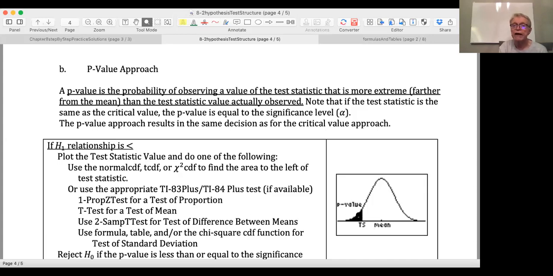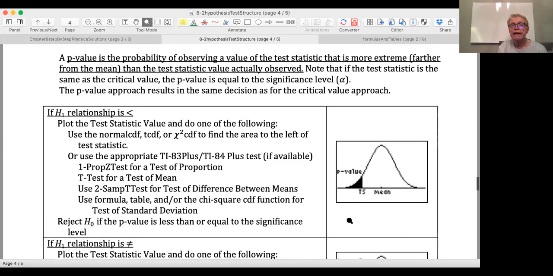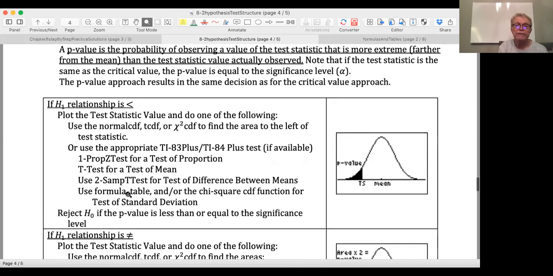Therefore, this p-value is this area that we find underneath the curve. By the way, the methods for finding p-value are listed here. You don't have to worry about those at this point in time, because we will be discussing these when we talk about the individual hypothesis tests. Okay.